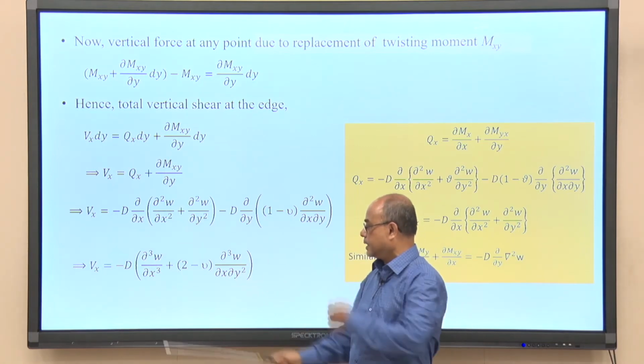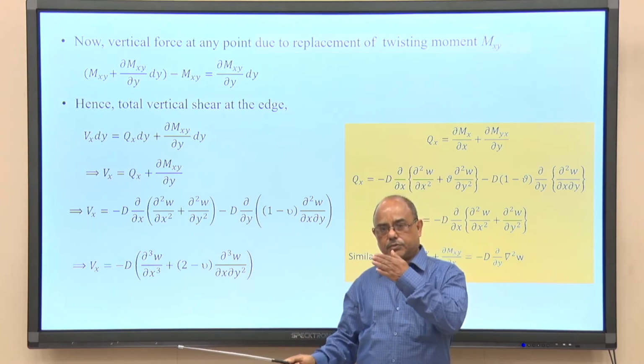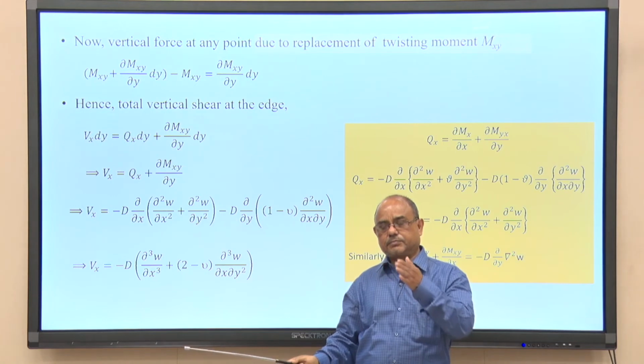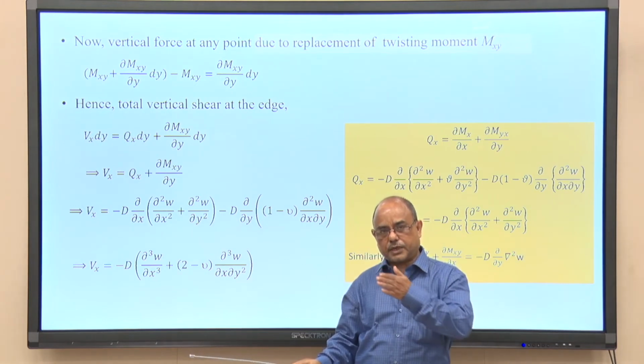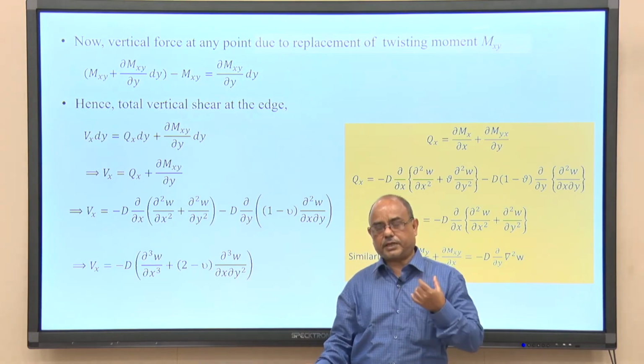Now, you can see this is the S shear force at x is equal to a, that is at the x edge, meaning the x coordinate is constant along the edge. X coordinate is constant, but y is varying.